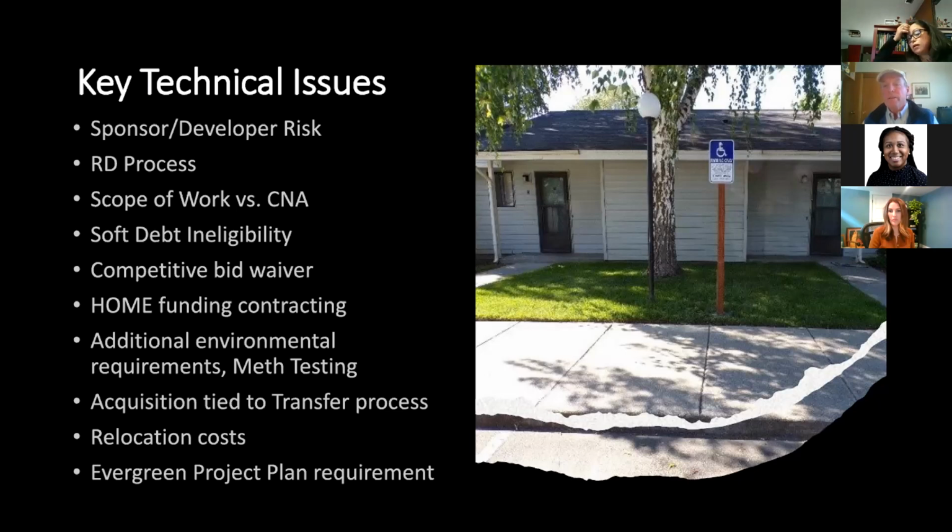And it's one more illustration of how you need to be nimble, because when we made the application to the Housing Trust Fund for the preservation funds, this requirement for meth testing was not included. It came up in moving towards contracting. We wouldn't be able to close unless we had the testing done. So it's not something that was predictable at the outset. And you do have to be quick on your feet to adjust to circumstances like that.